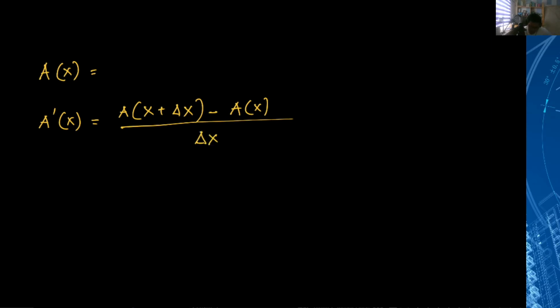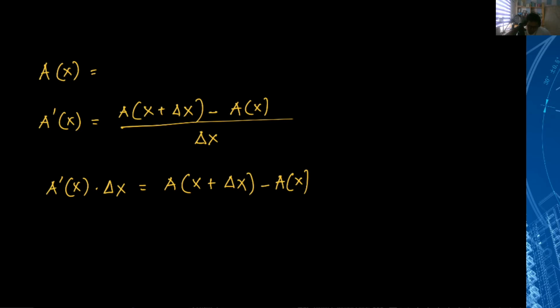If I rearrange this, A prime of x times delta x equals A of x plus delta x minus A of x. Again, this is from the limit definition of derivative. We discussed this already during the bridging program.